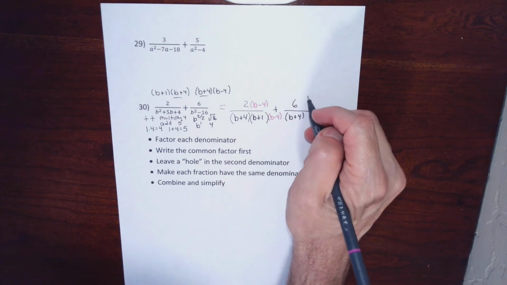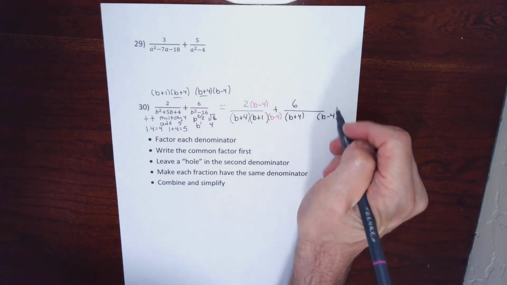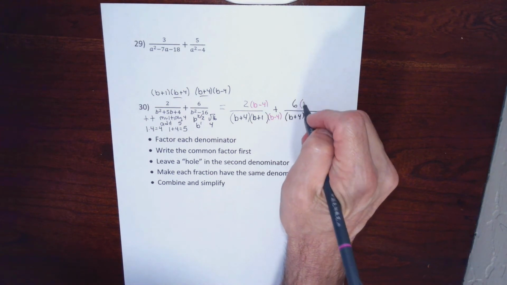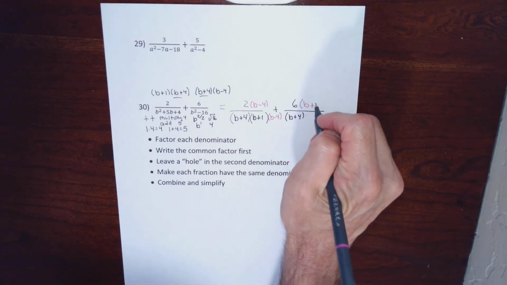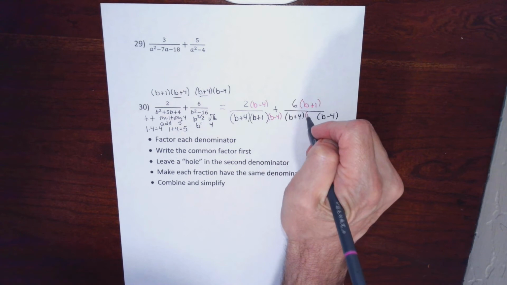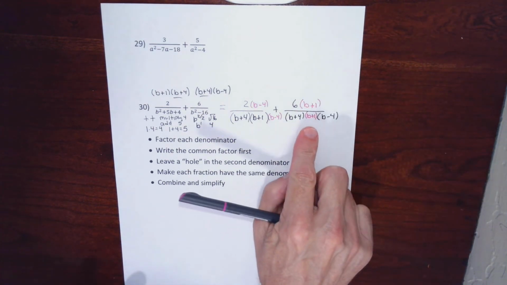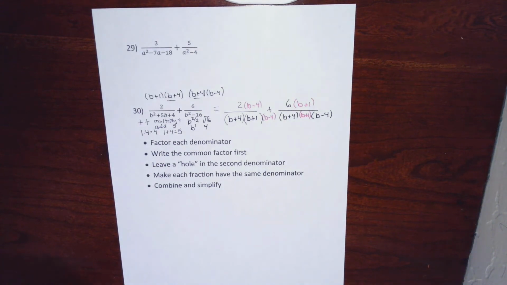The first fraction has a b plus 1 in the denominator, and the second one doesn't. In that second fraction, I snuck the b plus 1 in where that hole was in the denominator, to make the denominators the same.